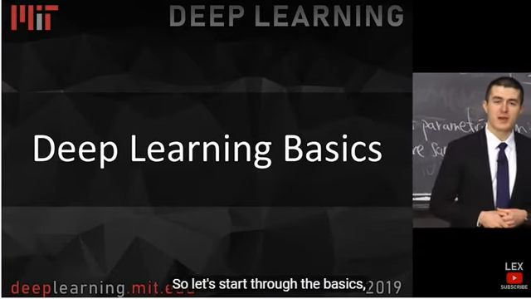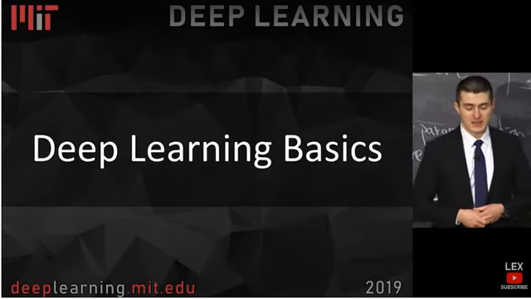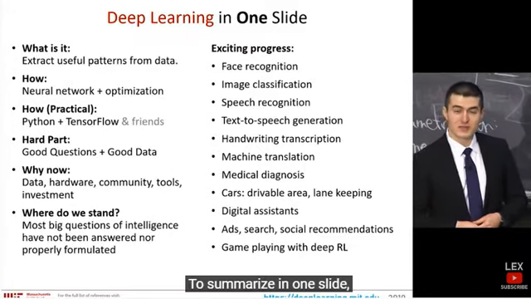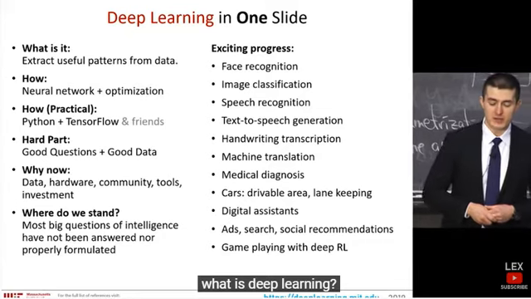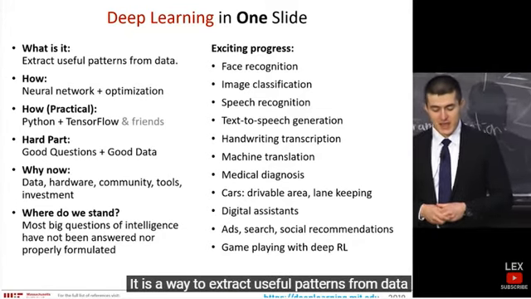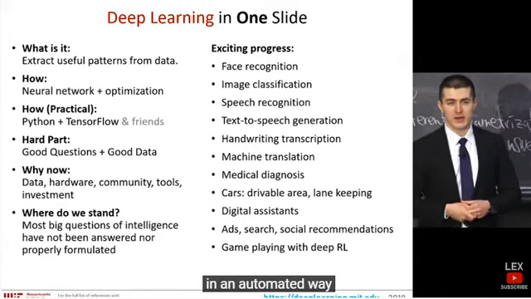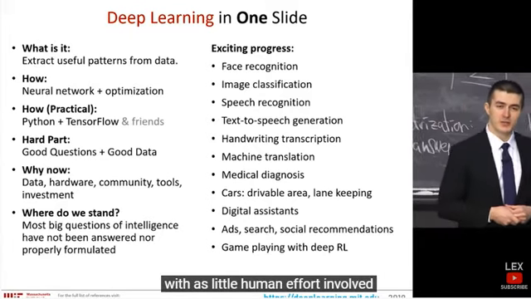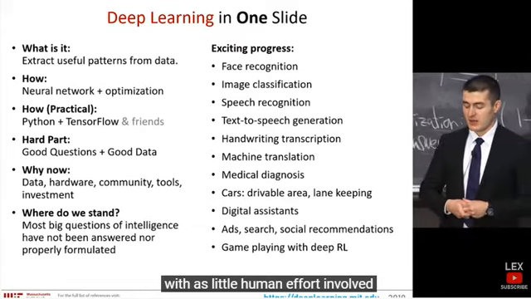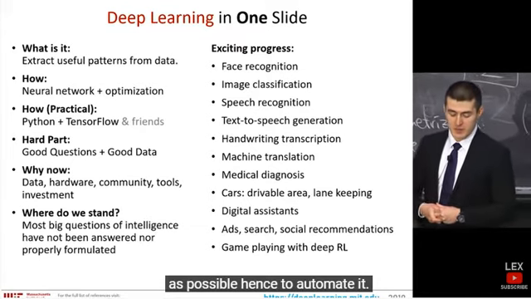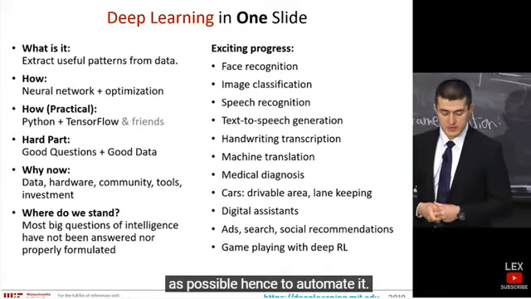So let's start with the basics, the fundamentals. To summarize in one slide, what is deep learning? It is a way to extract useful patterns from data in an automated way with as little human effort involved as possible, hence the automated.